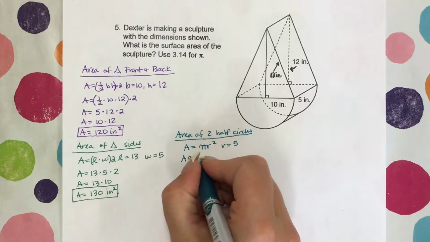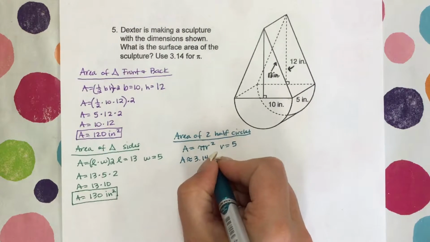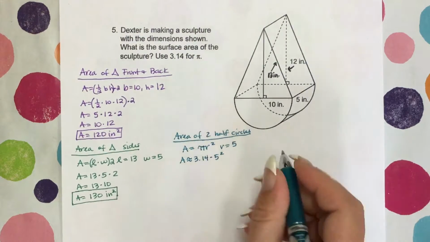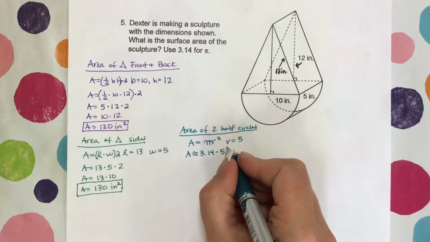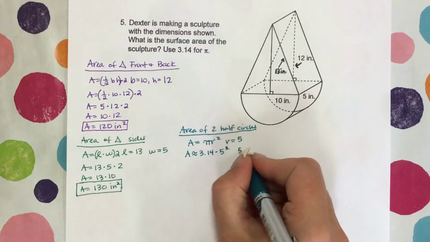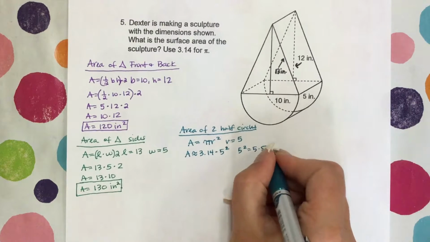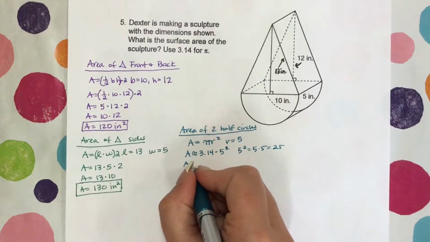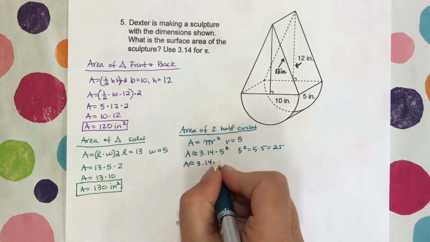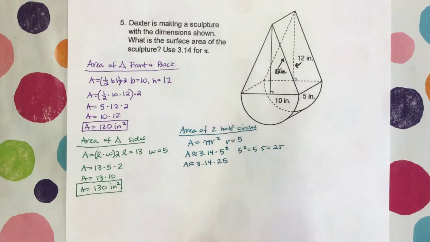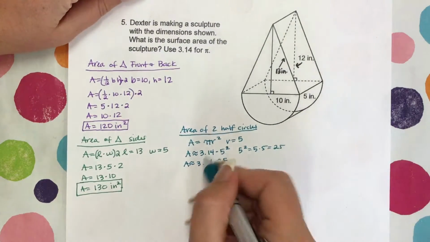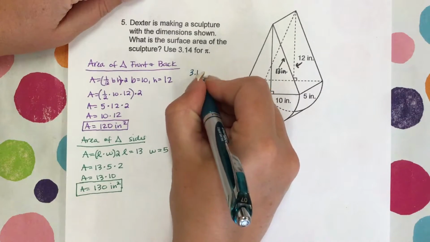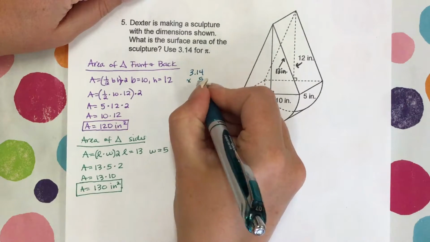And we're going to use approximate because I'm going to write down 3.14 times 5 squared. And 5 squared is the same thing as 5 times 5, which is 25. So the area is going to be approximately 3.14 times 25. Now, I don't know what that is off the top of my head, so I'm just going to go ahead and bring that little piece up here, 3.14 times 5.